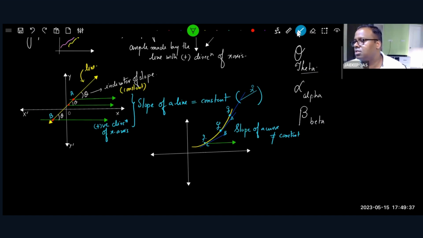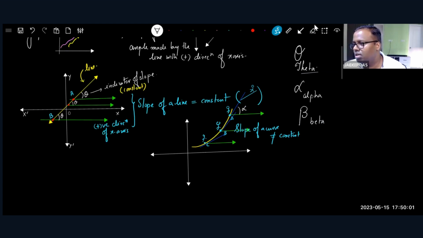So if you see, this is another positive direction of x-axis, and this is another. If you look at the angle at A, this angle is the steepest angle.